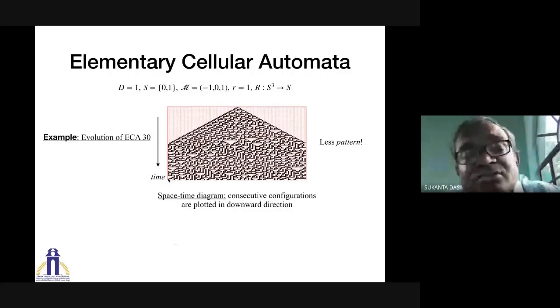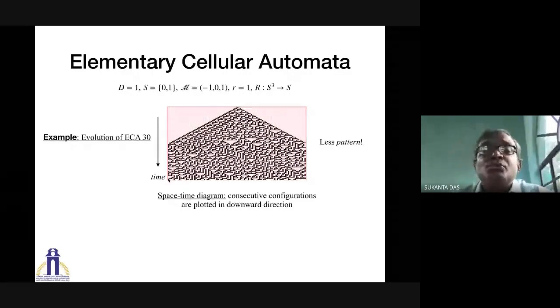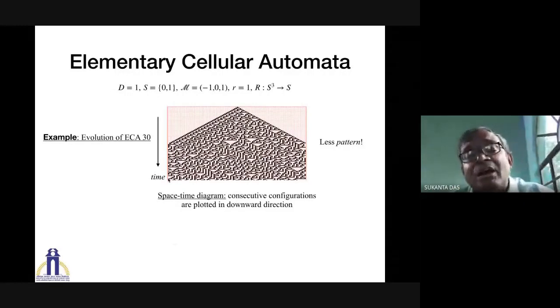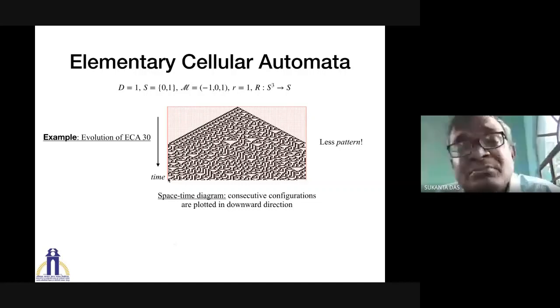This kind of diagram we shall call a space-time diagram. In the last slide I also showed a diagram, and this is another diagram. Consecutive configurations are plotted against time. This is called a space-time diagram, and the space-time diagram of an automaton tells us many behaviors. Ultimately, a CA will evolve with time and generate some configurations.